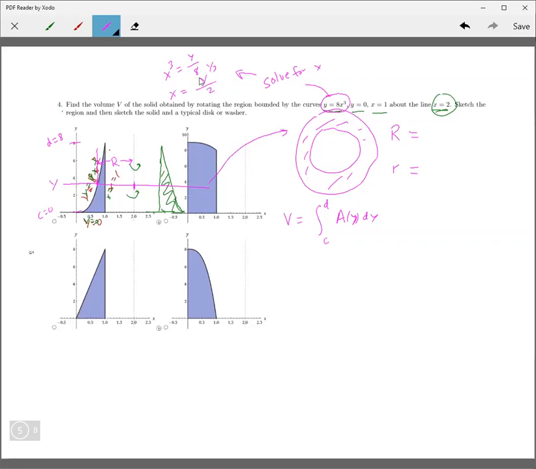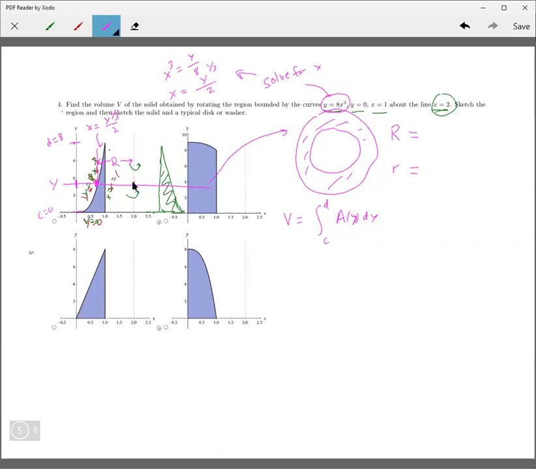Cube root of 8 is 2, so you get that. So this curve here is also known as x equals y to the 1/3 over 2. That's what x is. So this distance from here to here is y to the 1/3 over 2.